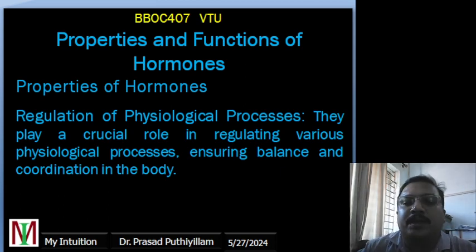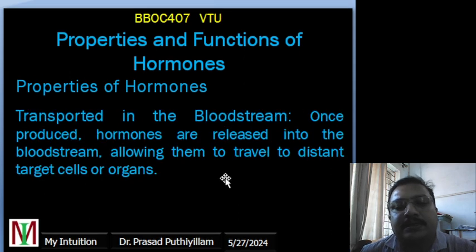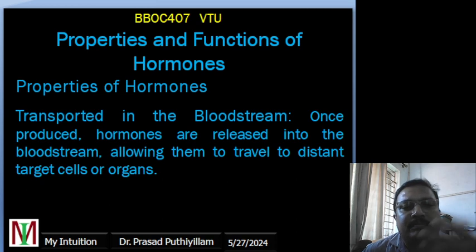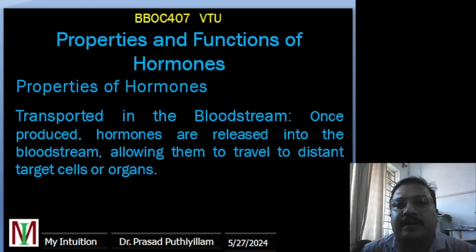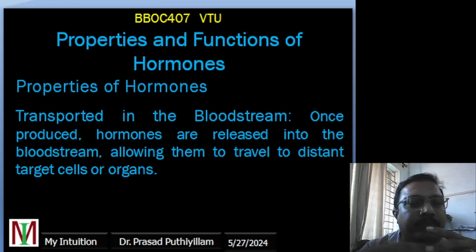Next point, the fourth one, that is transported in the bloodstream. Just like the road networks that we have, in the same way the hormones also work through the bloodstream.